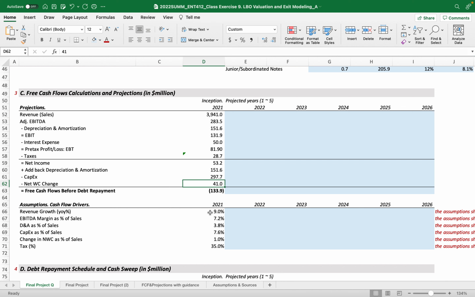So we have to create this assumption part first. Again, how do you make this assumption? Principles of finance, corporate finance, or all the finance courses taught you how to make these assumptions, totally based on your research work, any kind of research, any kind of number. Once you can support it, that's totally fine, right?